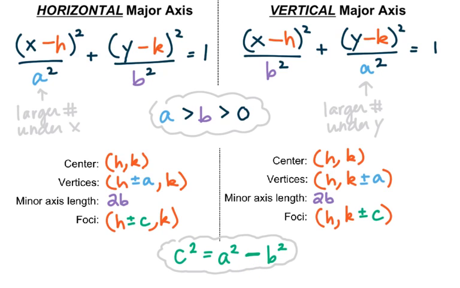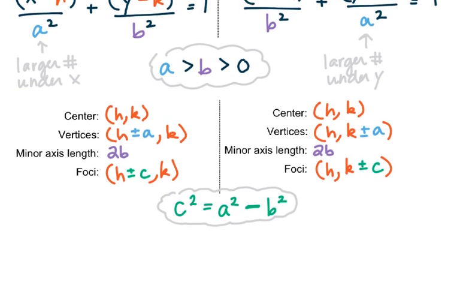And because hyperbolas have a minus, we can look at the orientation, x minus y versus y minus x, to determine if it's vertical or horizontal. All right, these are our two formulas. Let's sketch a picture of what a horizontal or a vertical major axis ellipse would look like.